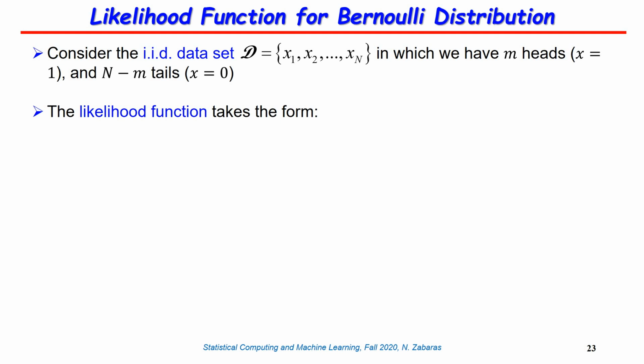So let's assume that we do this coin tossing experiment, heads or tails, and we throw the coin once, we get x1, so x1 can be 1 or 0. We get x2, which can be either 1 or 0, and we get xn. So this is my data set.